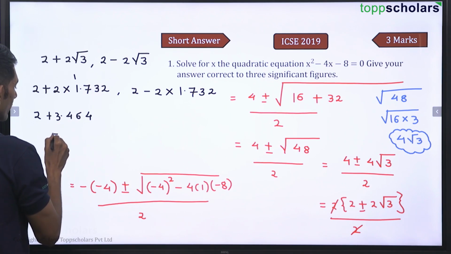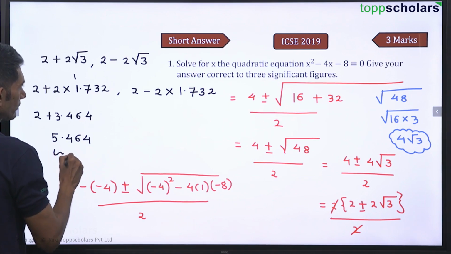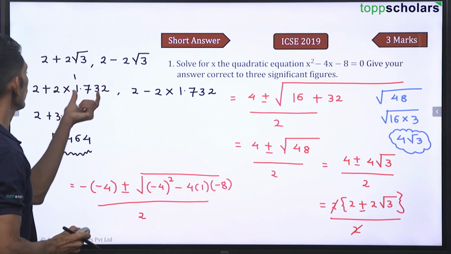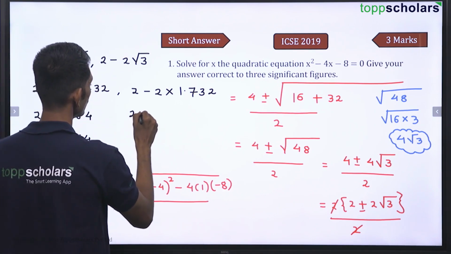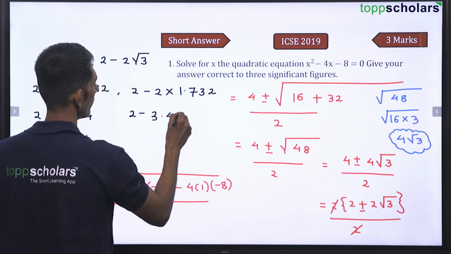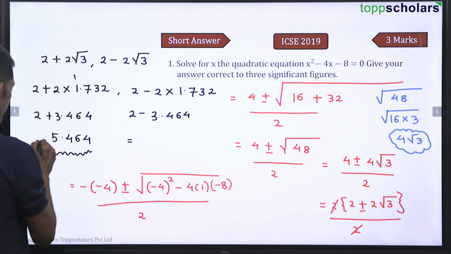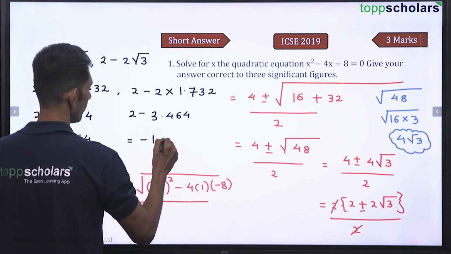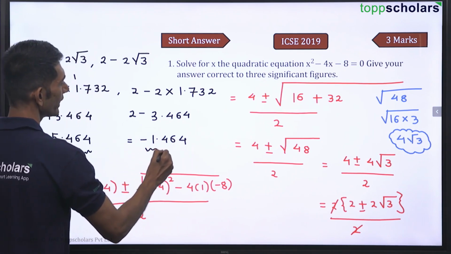So this becomes 5.464. I hope you're getting this. And the same thing, 2 into 1.732, 3.464. So this becomes 2 minus 3.464. So that is equal to minus 1.464.